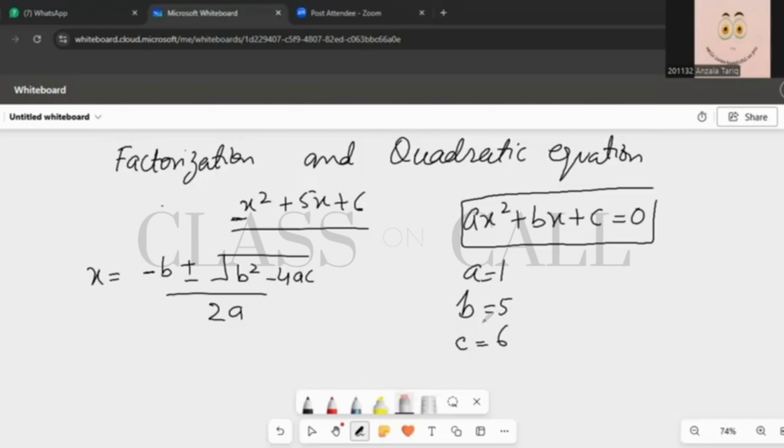Now put these values into the formula. x is equal to minus b plus minus under root b squared, which is 5 squared, minus 4 times a, which is 1, times c, which is 6, divided by 2 times a, which is 1.